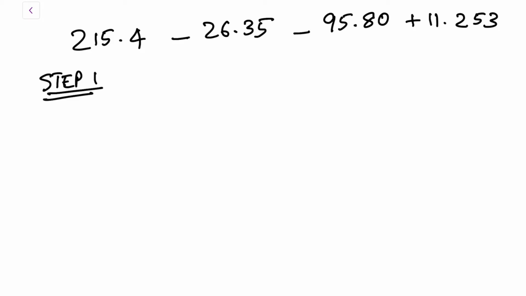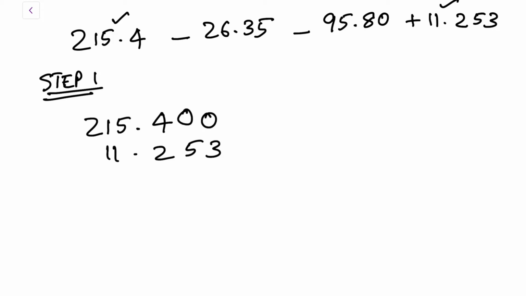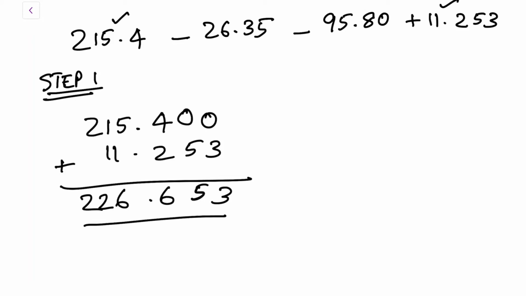Step 1 is to do the addition. So we can do 215.4 plus 11.253. Let's make 215.4 also into 3 decimal places so that they are like decimals. I put 2 zeros. Let's add this up. 3, 5, 6, 6, 2, 226.653. So we are done with this and this.